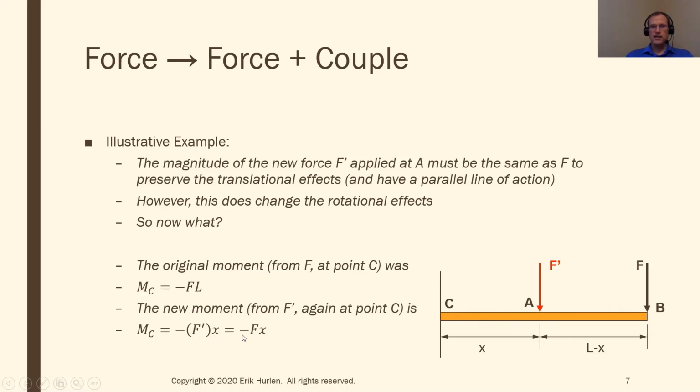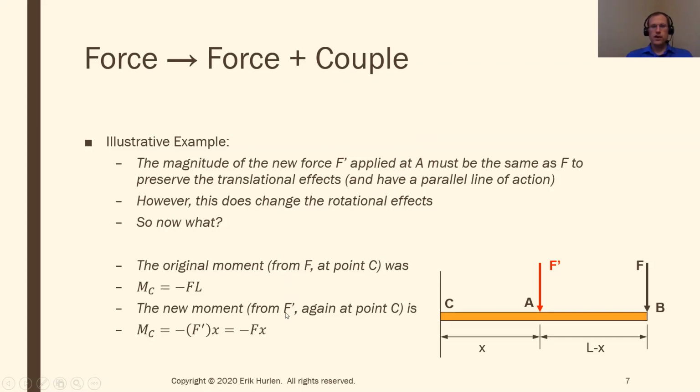So what I have in this case is minus Fx. This is smaller in magnitude than my old force, so I have to compensate by adding in a new couple. So if I move a force, I can do that as long as I add back in a couple or a moment that compensates for the change in moment that occurs when I move that force.